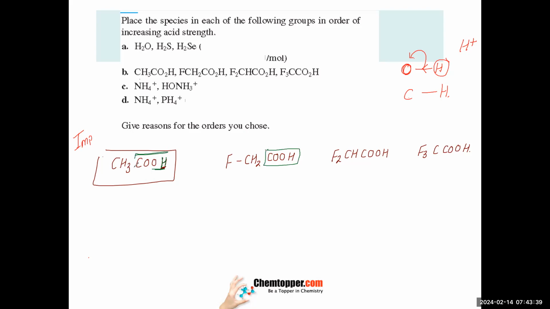So focus on the change and then think and answer. Don't compare oxidation numbers. Don't compare electronegativity in this part. It's not changing. Even the oxidation number is not changing. Focus on the change. What is the change?